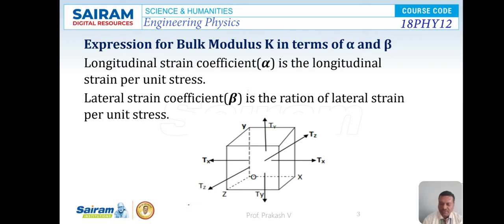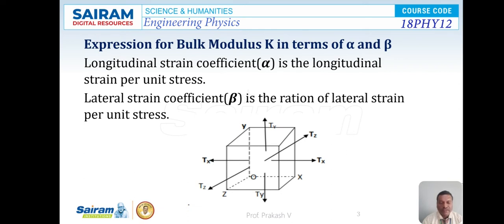Then a stress like Tx produces an increase in length of alpha Tx in x direction, but since the other two stresses, that is Ty and Tz, are perpendicular to x direction, they produce contraction, that is beta Ty and beta Tz respectively in the cube along x direction.